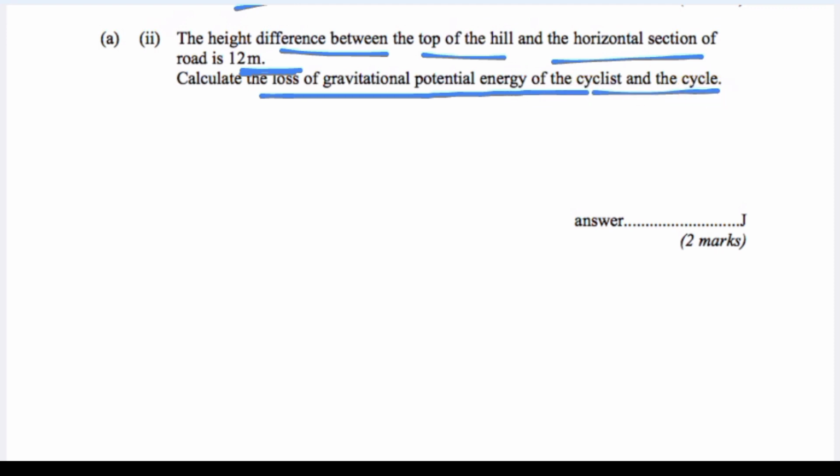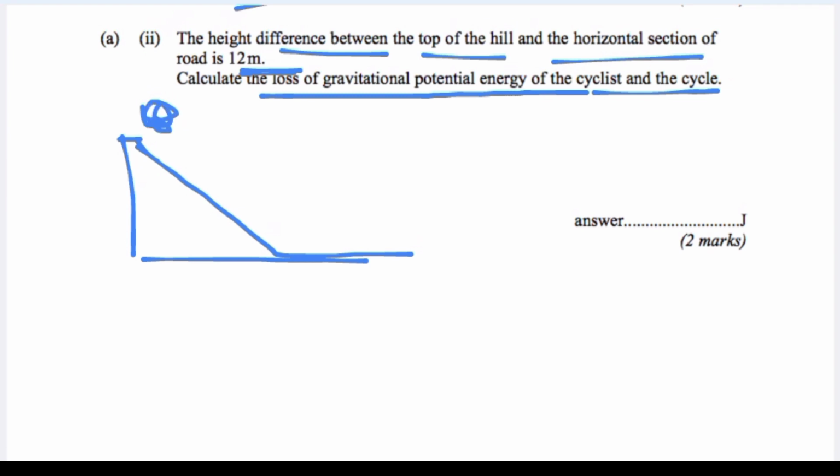Alright, now let us draw, because the first thing is to understand the problem, right? So the cyclist started from the top and came down to the horizontal section of the road, and the height difference is 12 meters.